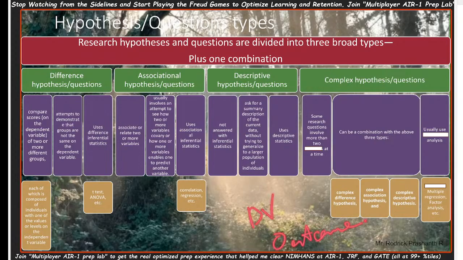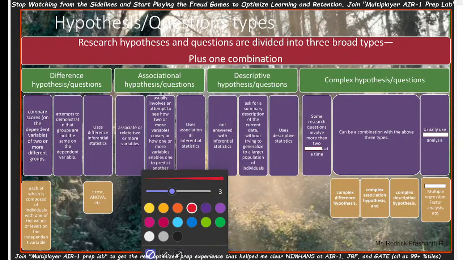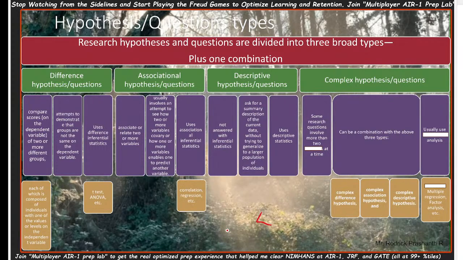So when we have two or more outcome variables, it becomes complex, right? So how do you combine them? We use multivariate statistics. This is what is called a complex hypothesis.